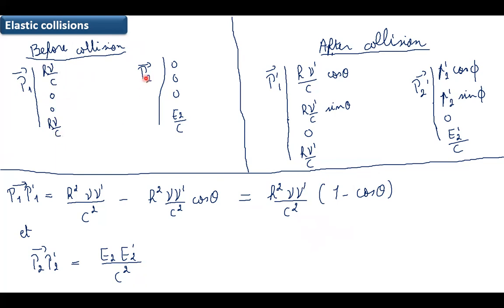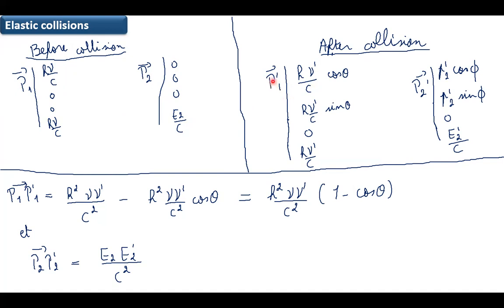And for the electron, P2, the electron is initially at rest, so it's 0, 0, 0 in space. And we have the energy E2 over c because c is different from 1. So E2 over c, and here E2 is the rest energy, which is mc squared. And after collision, we have the new momenta.